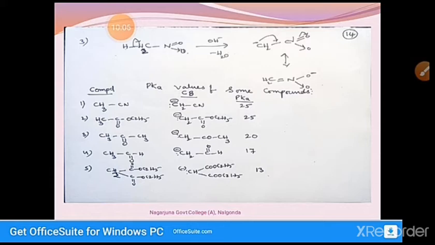Whenever this hydrogen is lost to a base such as ethoxide, hydroxide or alkoxides, it forms its corresponding carbanion. That's why alpha hydrogens which are attached to the nitro group, so nitro containing compounds, also show acidic nature.